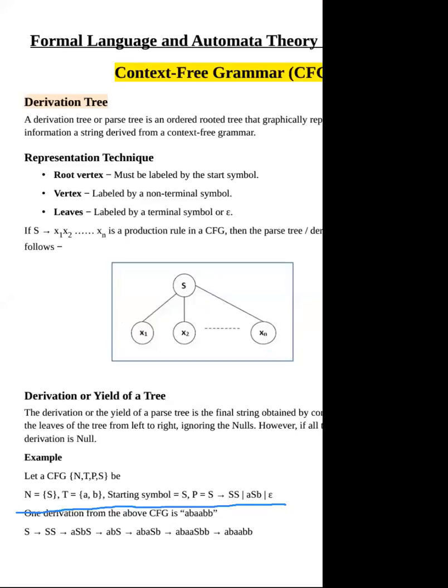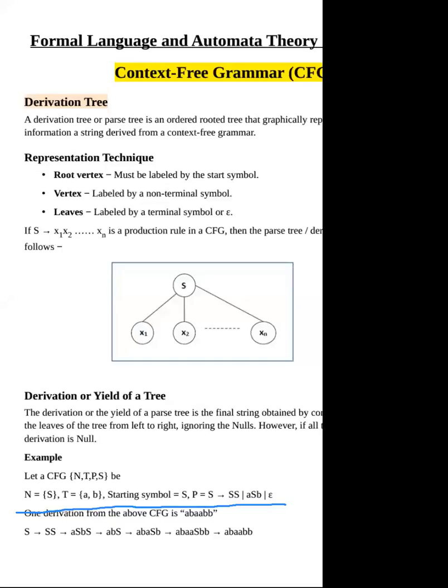N is the non-terminal set, which contains capital S. T is the terminal set, which contains a, b. The start symbol is S. P, the set of productions, contains S implies SS, or aSb, or null. Can you see it? I marked it with a blue line.